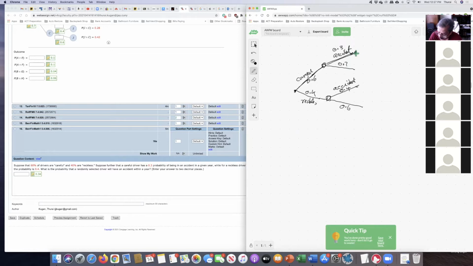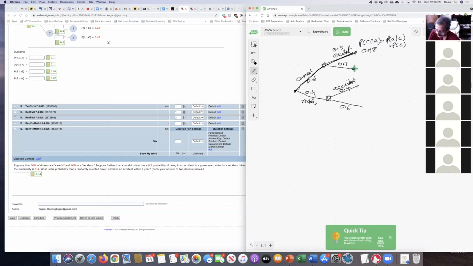Probability for careful driver intersection accident equals probability for accident given careful driver times probability for careful driver. In other words, I need to multiply this probability by this probability: 0.6 times 0.3 is 0.18. So 0.18 is the probability at the end of this branch, which is C intersection A.